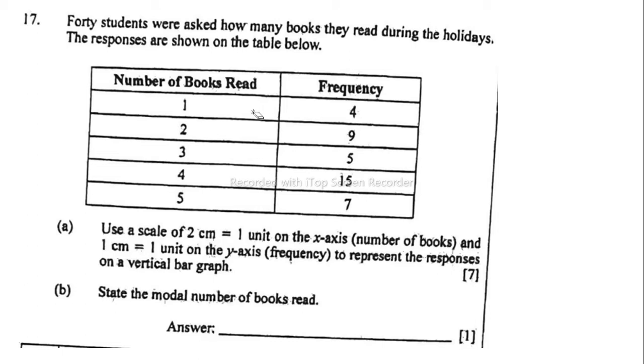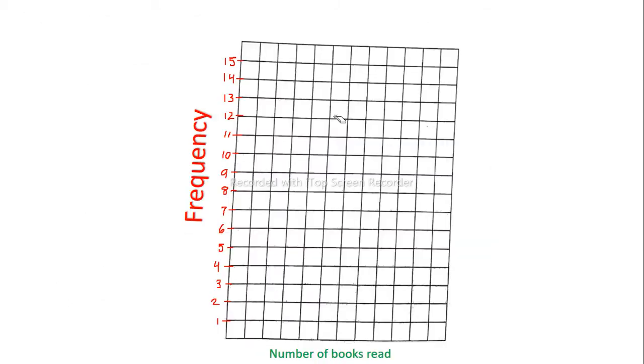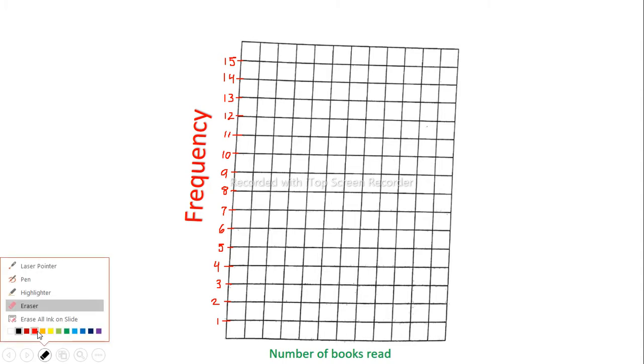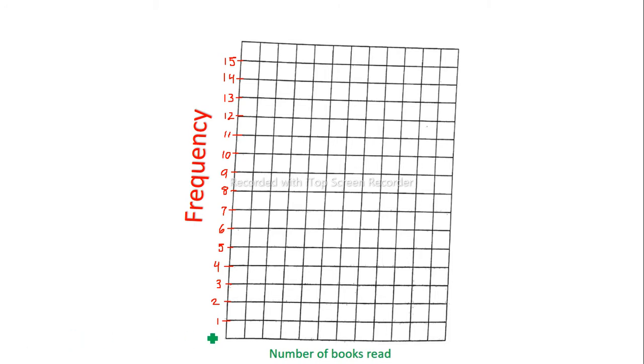All right, so the frequency for number of books is 4 for book 1. We have to say this is going to be starting on 5, right? So this is number of books read.